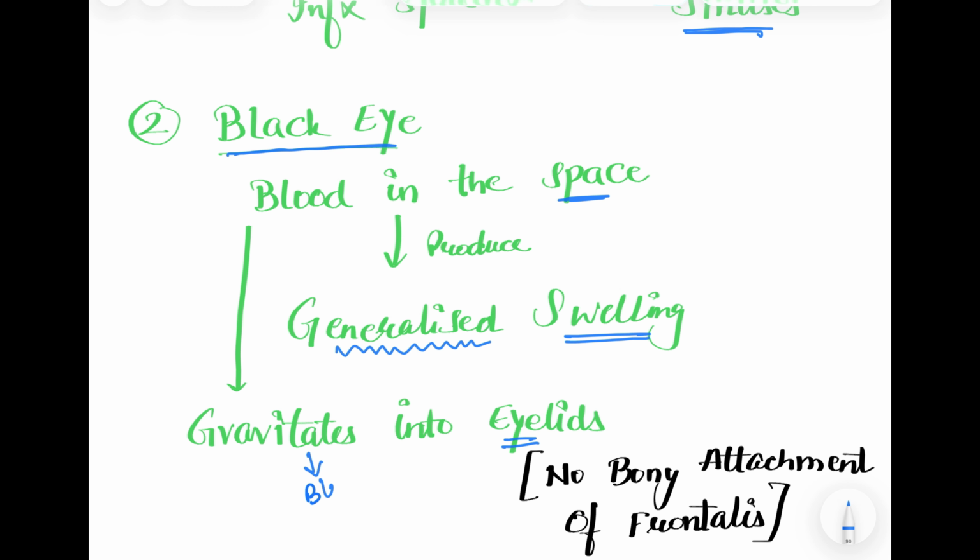The blood gravitates into the eyelids, as there is no bony attachment of the frontalis muscle, leading to the black eye.